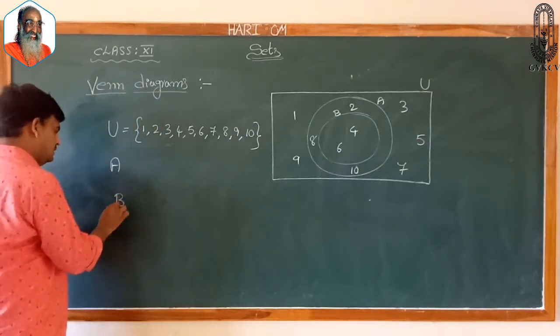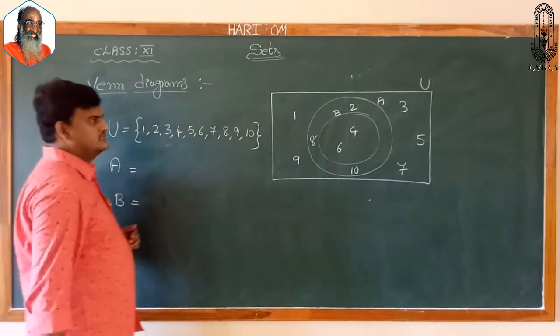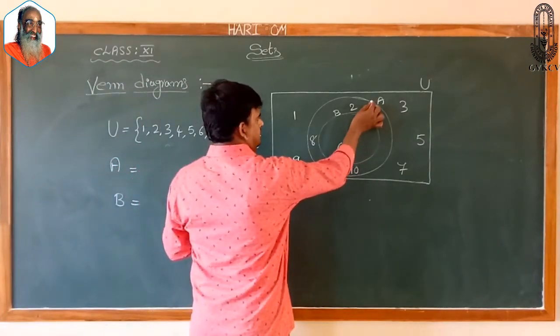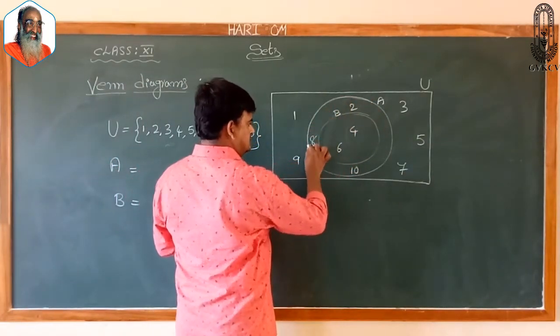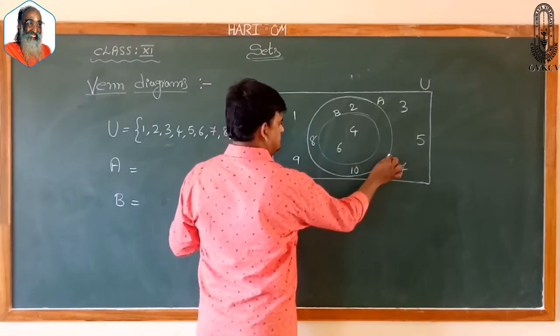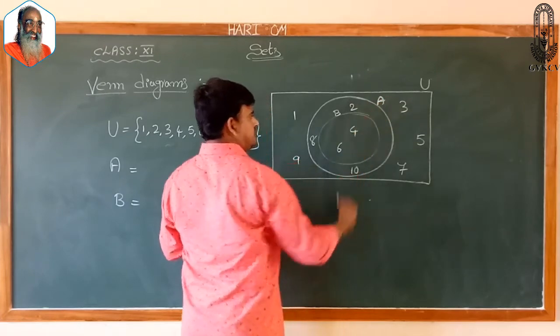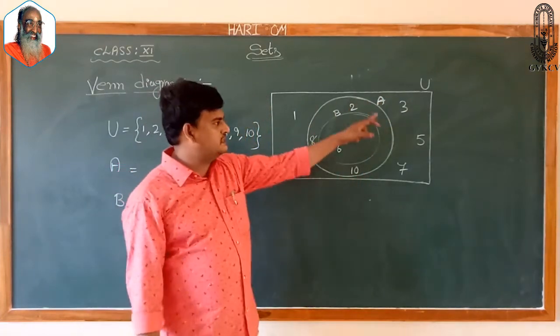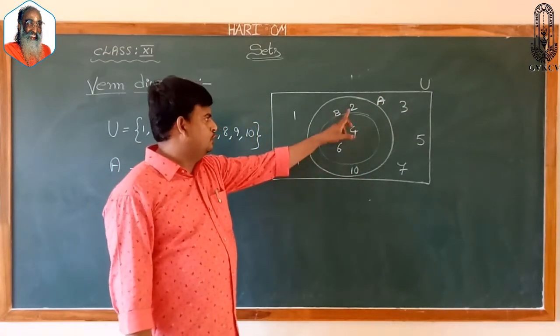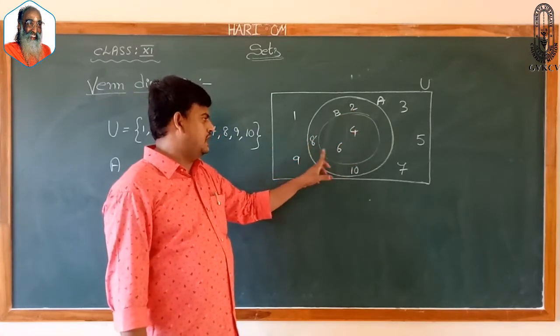Now set A and set B. Set A, the bigger one, this is the circle. Now in this big circle, what are the elements we have? 2, 4, 6, 8, 10.